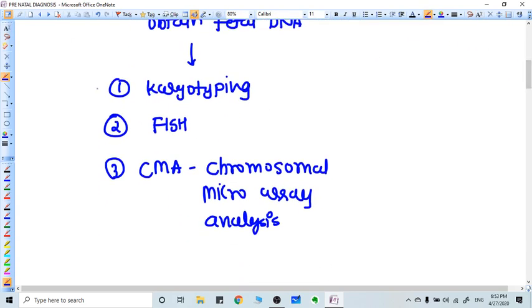We either do karyotyping, we do FISH, or we might do chromosomal microarray analysis for finding any congenital abnormalities, chromosomal disorders. We need DNA tissue, and then we do karyotyping, FISH, or CMA.